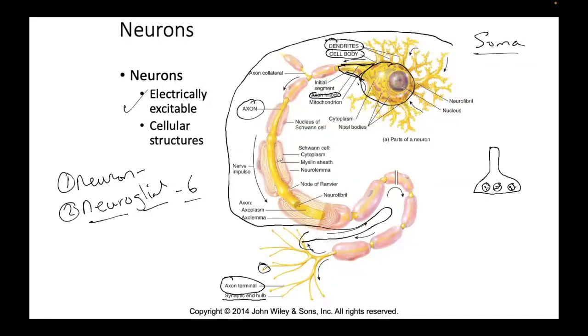And this axon terminal, or the synaptic end bulb, eventually is going to connect to something, and maybe it's going to connect to muscle. So let's say this is muscle. So somehow the neurotransmitter that's released from this synaptic end bulb has to communicate with the muscle to make it contract.